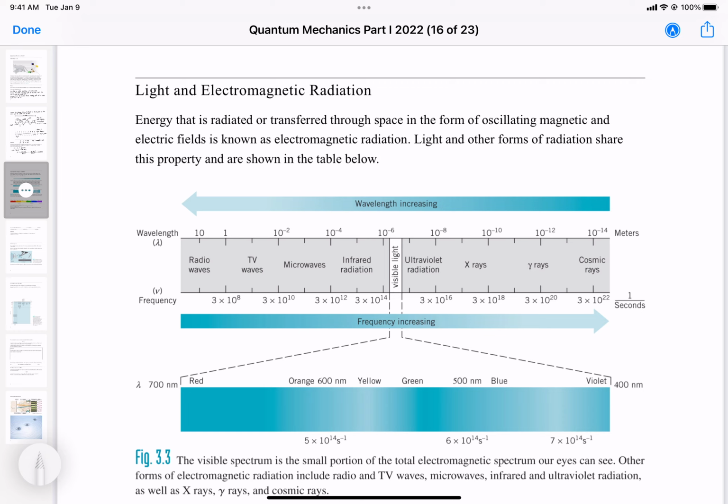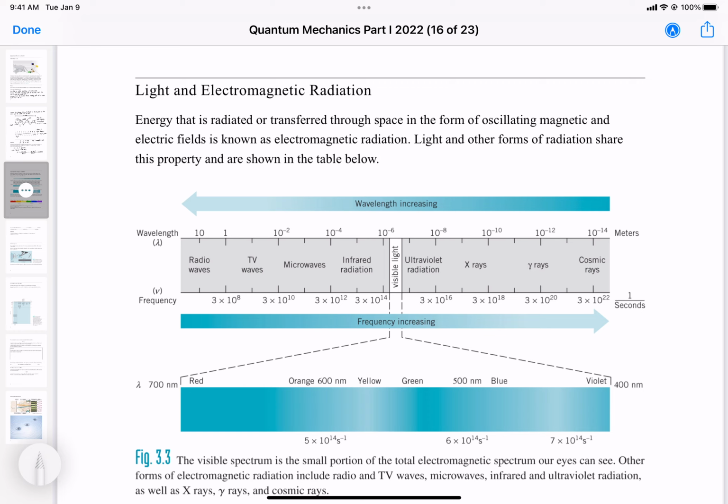X-rays are used to get high contrast images. Ultraviolet radiation is from the sun. We wear sunblock to protect ourselves from ultraviolet radiation. Our bodies cannot handle ultraviolet radiation, because it has the potential to break chemical bonds.